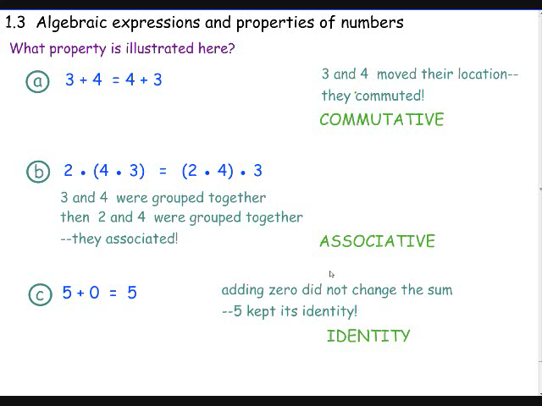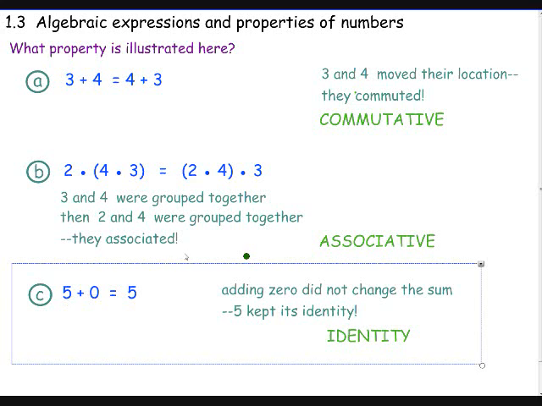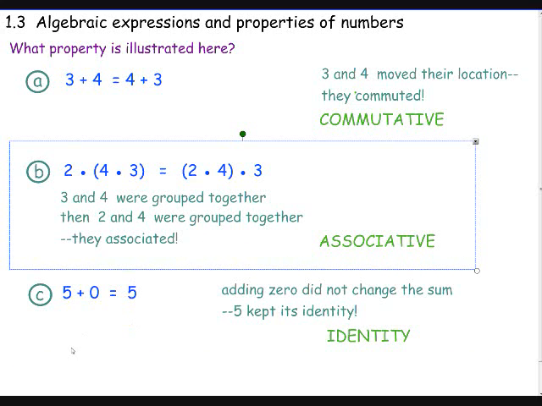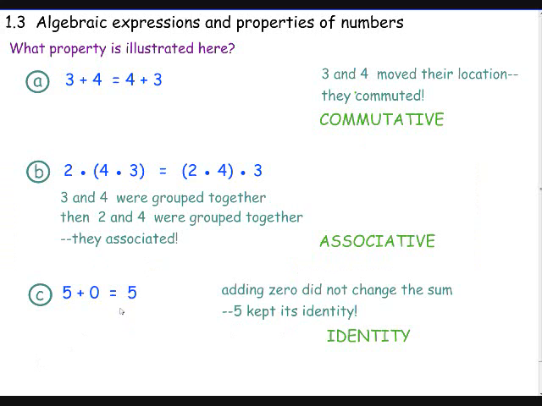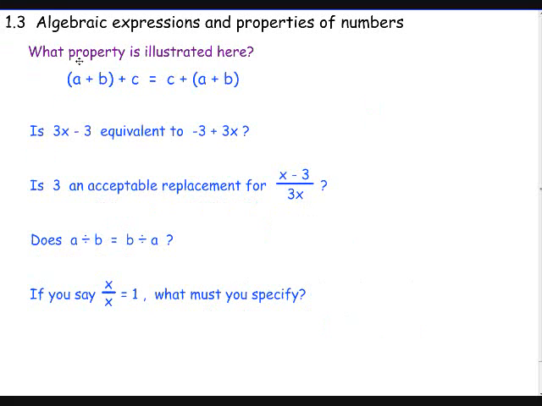Associative property relates to how things are grouped. And the identity property is interested in whatever you started with being the same after you have applied the identity property. You add a 0, you still have the same identity.